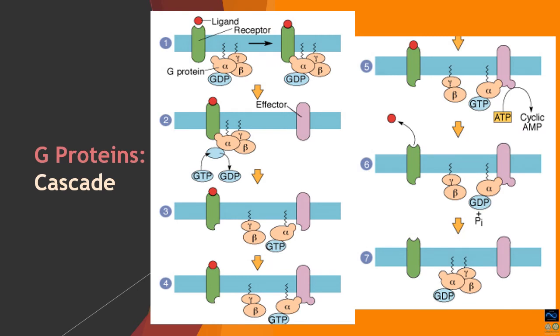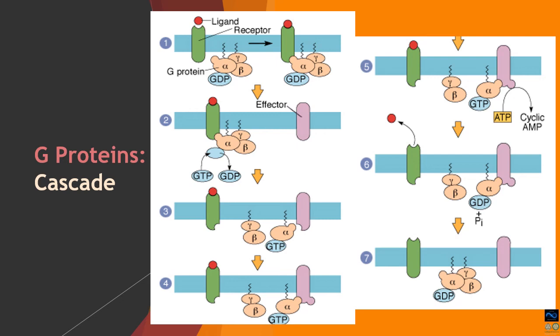So finally, summarizing the G protein cascade mechanism, you can see in the accompanying diagram seven steps. In the first step, the ligand or the hormone binds to the serpentine receptors on the outside, interacting with the loops and the N-terminal region of the serpentine receptors, GPCRs.